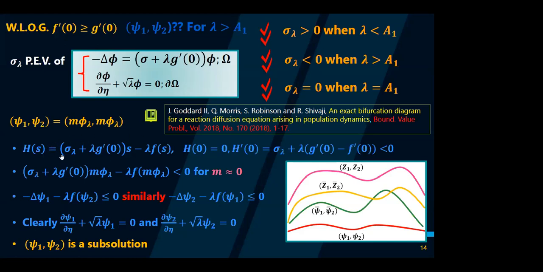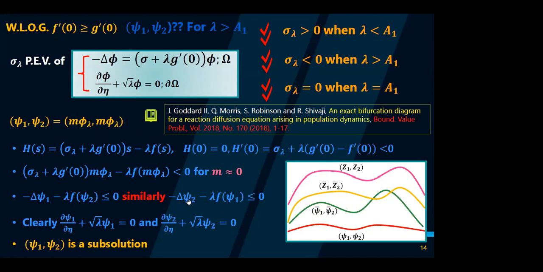So this function has to be less than or equal to 0 if your s is small. That means this difference has to be less than 0 if you choose this term to be small. In fact, that term will be small if you choose your m small. So that means this has to be a sub-solution. This inequality holds if you choose your m small enough.